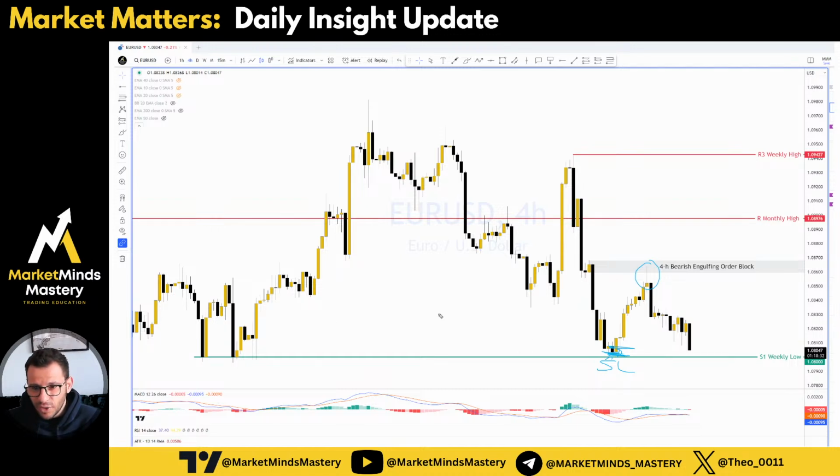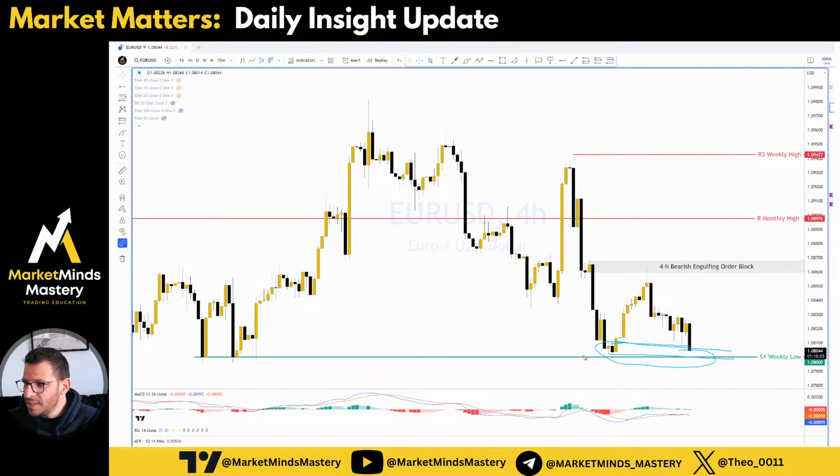But what we are interested in is if the price penetrates this weekly low, declines, moves lower, and allows us to look for bearish opportunities. So far, I'm going to be on the sideline waiting to see what's going to happen here, because there is another order block at this point here, but I won't take it as a valid order block. That's why I didn't mark it.